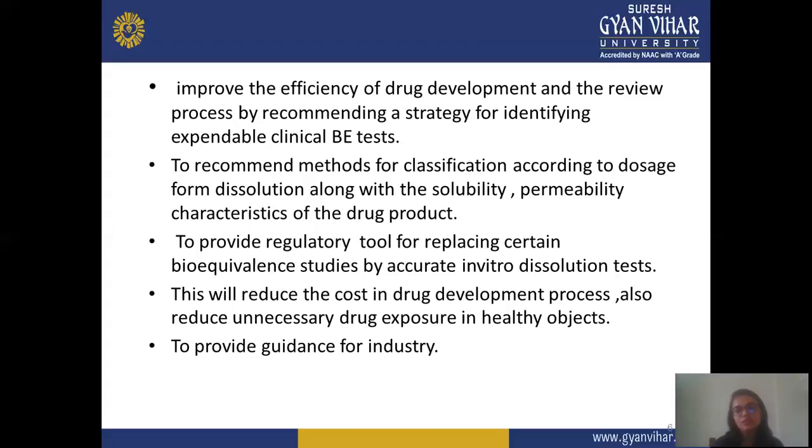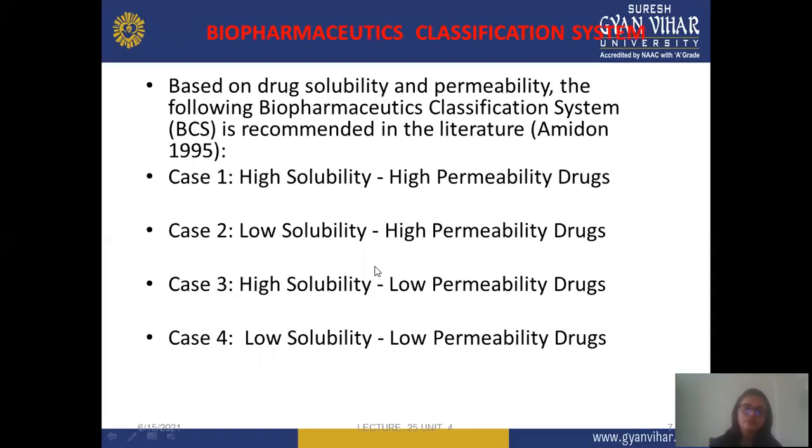So with the help of certain in vitro tests, or with the help of this BCS classification, you also reduce cost and can easily perform the test without expensive instruments, or without spending too much on that particular experiment. So this method is also very cheap and does not require more cost, and you can perform this on healthy subjects also. And when you finalize your formulation, it's good for in vitro testing. You just study BCS classification-wise, or according to in vitro tests, to provide guidance for industry. This is also important for industry purposes.